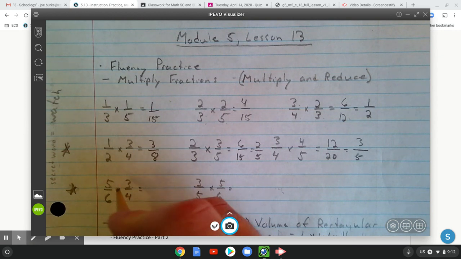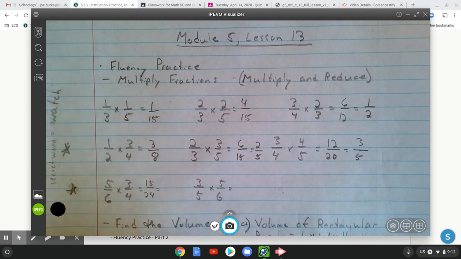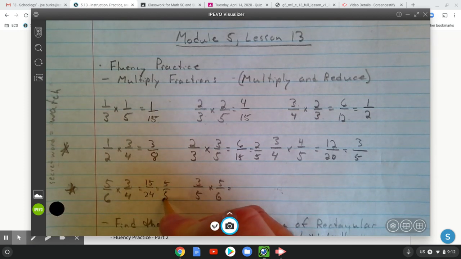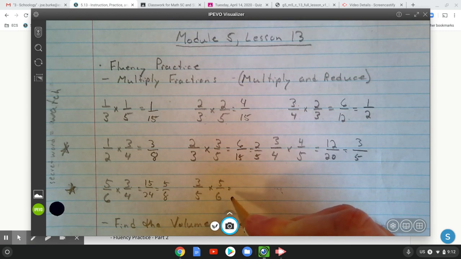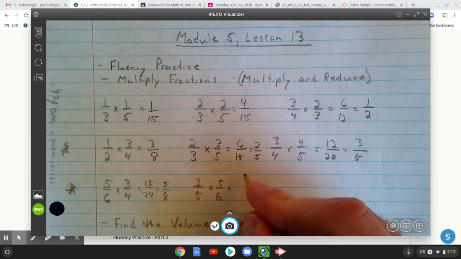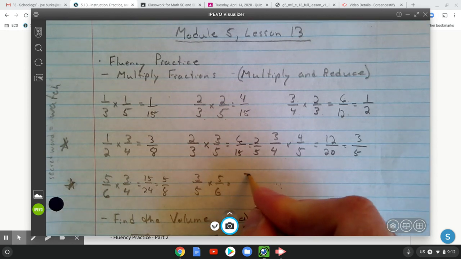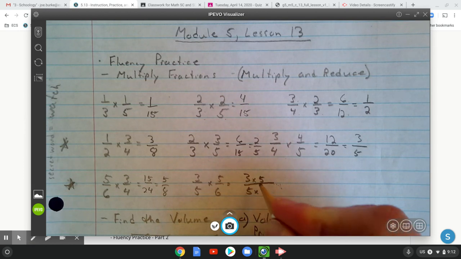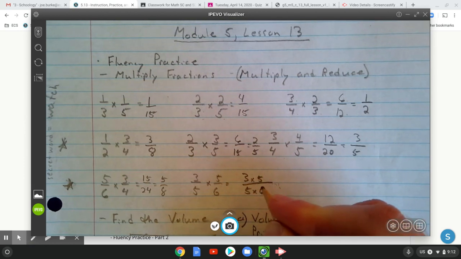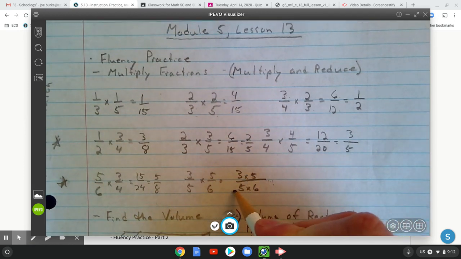5/6 times 3/4 is 15/24ths. Let's see. That can be reduced to 5/8. 3/5 times 5/6 is 15/30. And this might be a good time to remember that you can do 3 times 5 over 5 times 6, and divide out the 5s.